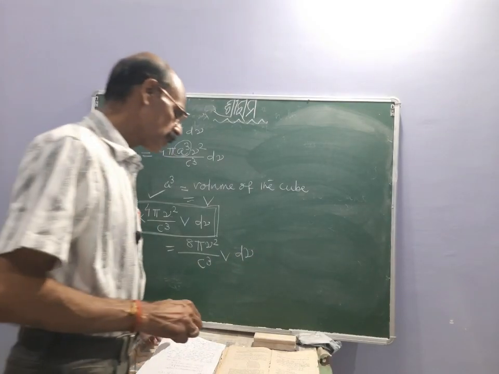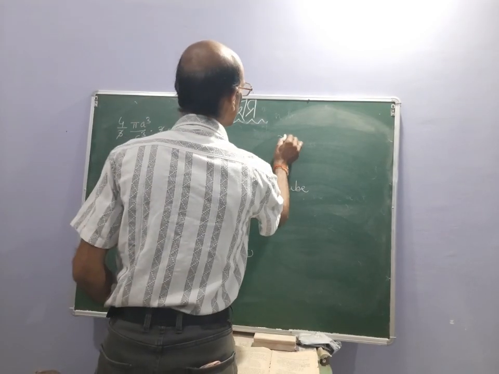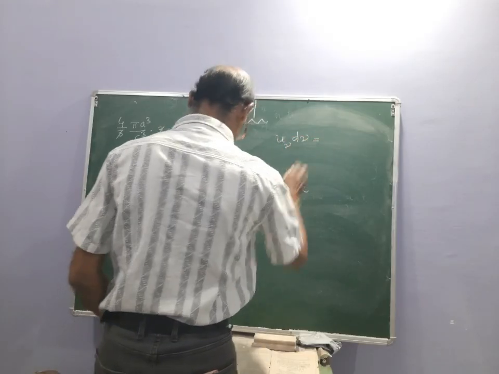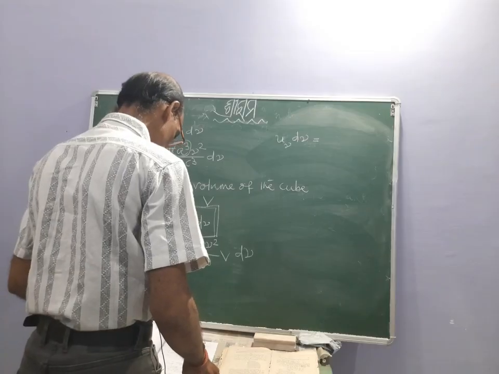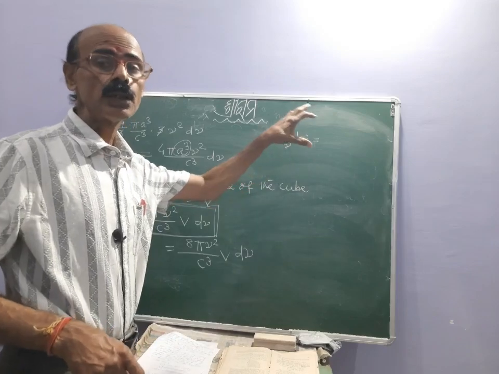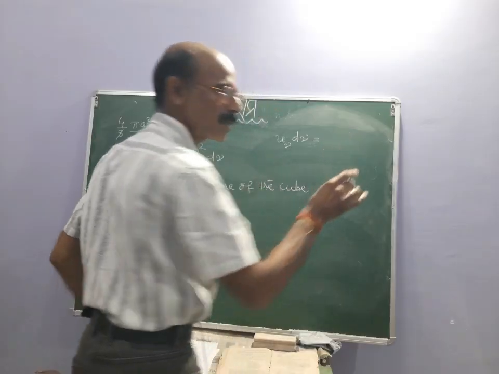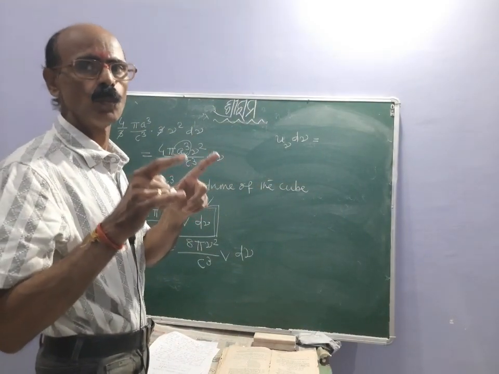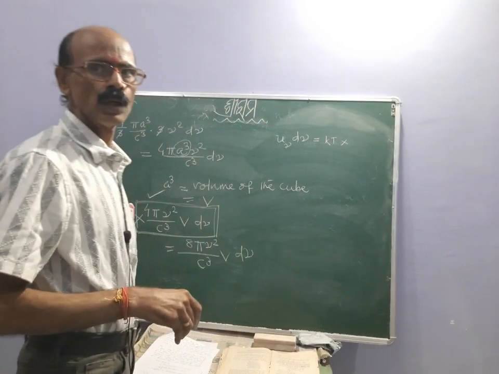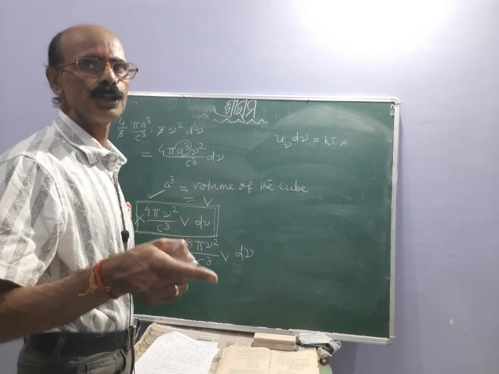Now come to our original formula where we had given the formula for energy density, it was perhaps equation number 2. Energy density within the frequency range nu and nu plus d nu is equal to the average energy of each mode of vibration, that is kT, into the number of sets of modes of vibration in the range nu and nu plus d nu per unit volume.